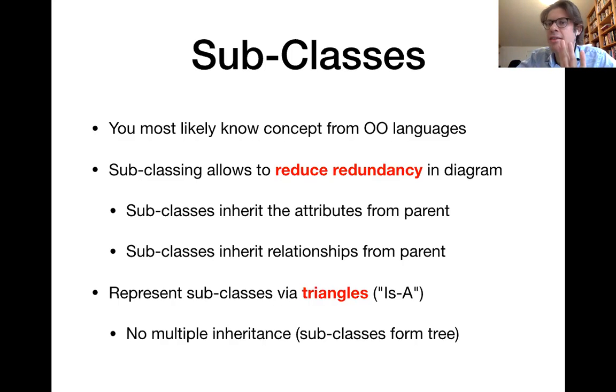Those triangles are connected to the superclass and to the subclass, and typically still have some label inside of them. We don't support multiple inheritance. So if you only consider those subclassing relationships between entity types, then that will form a tree.